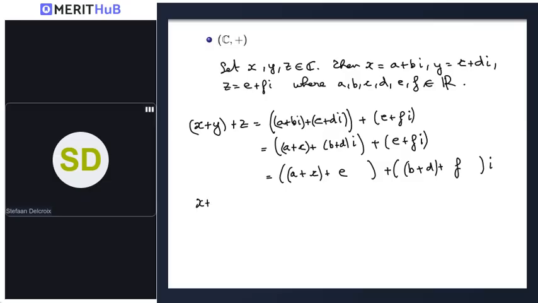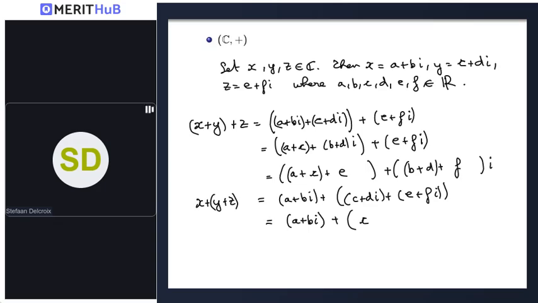However, if we would add them the other way, first Y plus Z, so we get C plus DI plus E plus FI. First, I gotta add Y and Z. We do this by adding the real parts and the imaginary parts. And now we gotta add them again. So can you give me the real part of this using the correct parentheses?